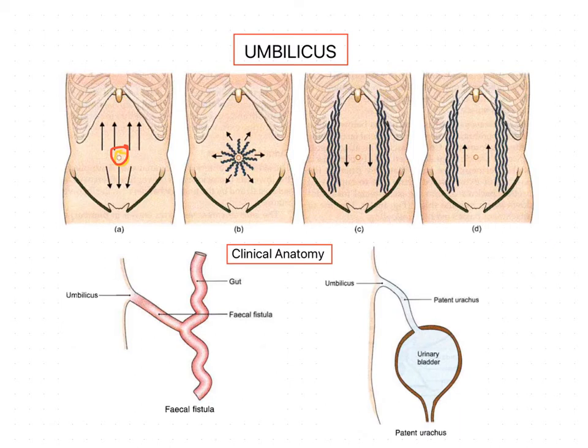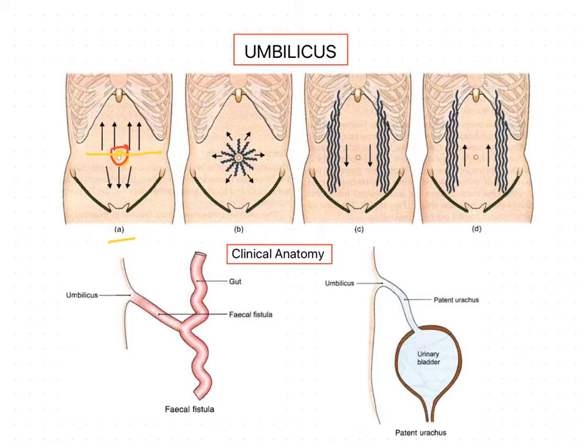So this is the normal flow in picture A. There is a normal flow of venous and lymphatic drainage around the plane of the umbilicus. So the level of umbilicus forms a watershed.